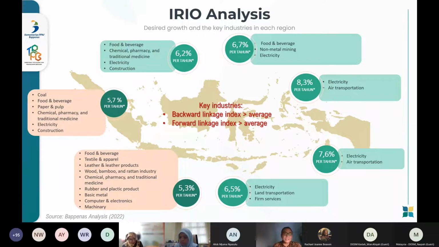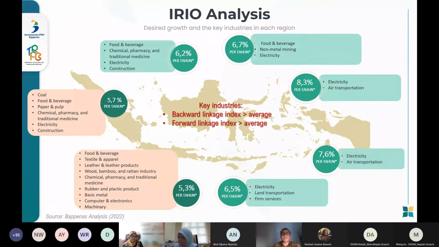In each region, we can see the key sectors. We identify key industries which have a backward linkage index above the average, as well as a forward linkage index above the average. But unfortunately, at this point in time, we cannot find more than 2 industries in the eastern part of Indonesia which meet both criteria.